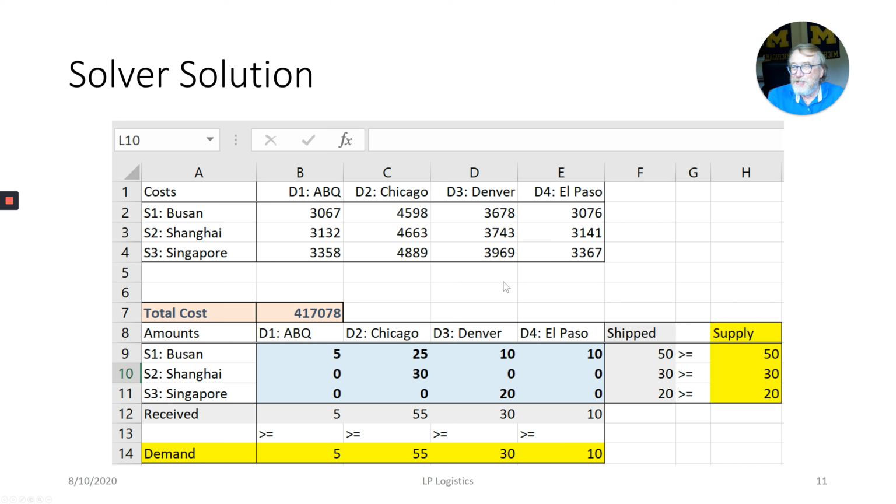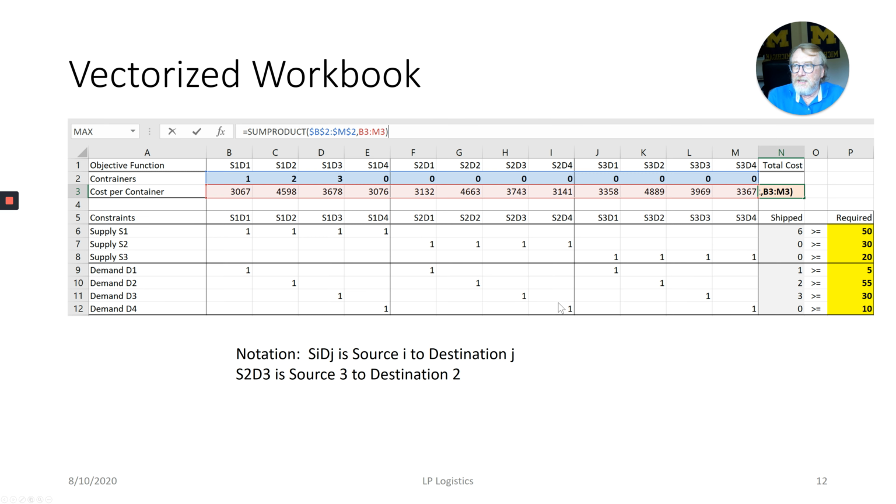So if you give your spreadsheet to someone, they might have trouble figuring out what in the heck your model is. But here's how you would vectorize it to get it into what I consider a normal form, where you have your objective function up here at the top and just strung out in a long row instead of a vector. You have your cost strung out in a long row.